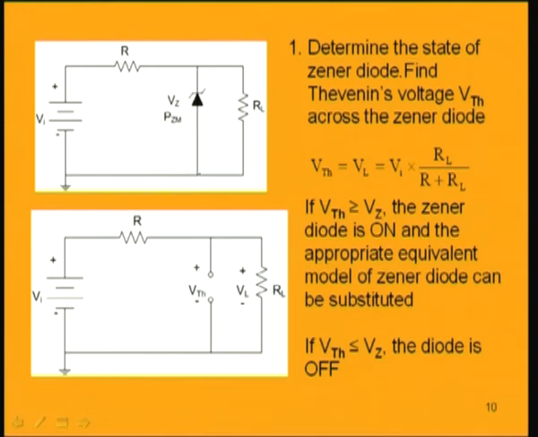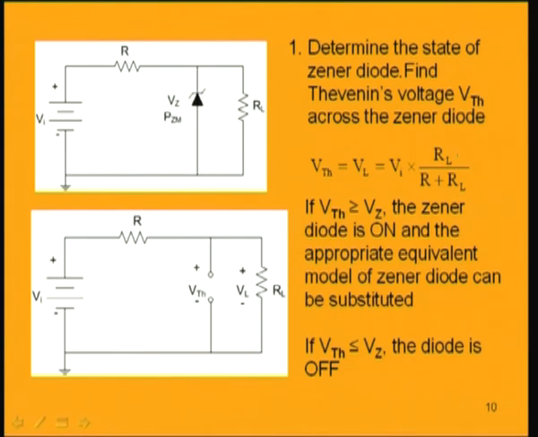If this open circuited voltage V Thevenin is less than VZ, then the Zener diode will not be on. So, first we must ensure whether the Zener diode is on, that is, whether breakdown is occurring or not. That means we must first ensure that the open circuited voltage across the Zener diode is greater than the Zener voltage for that diode.